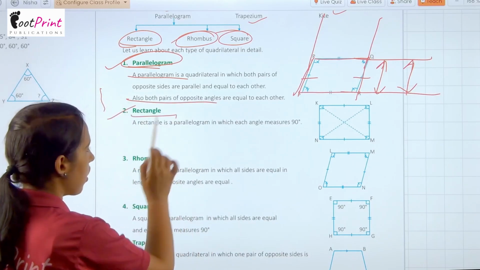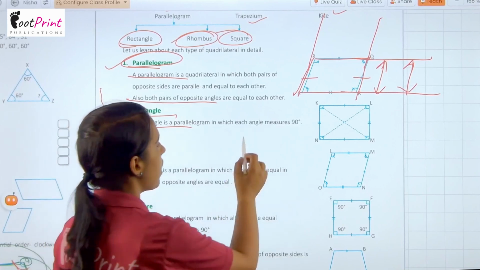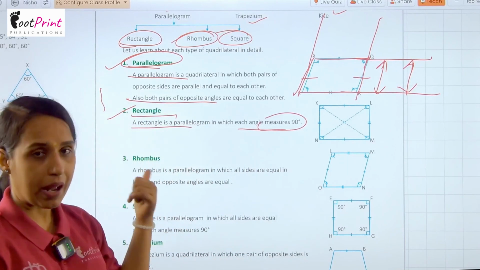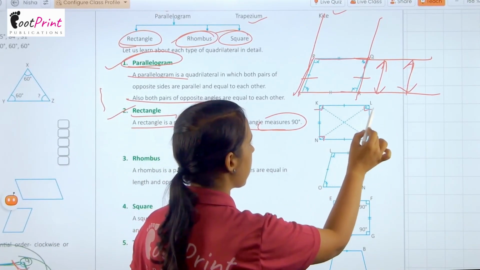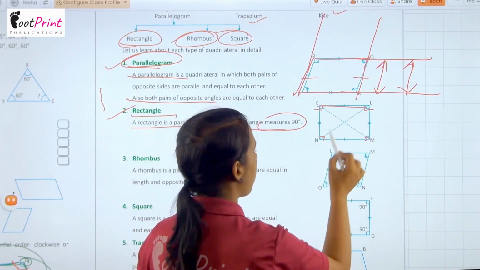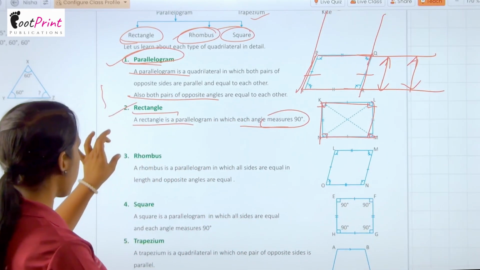Next one is rectangle. A rectangle is a parallelogram in which each angle measures 90 degrees. So a rectangle is also a parallelogram in which all the angles will be 90 degrees. It also has the same properties, that opposite sides are equal and parallel. Next one is rhombus.